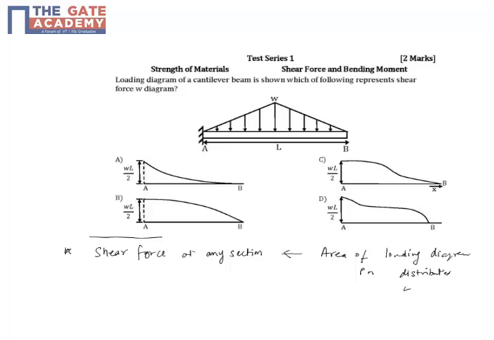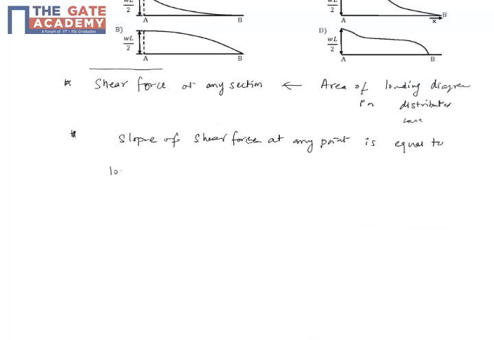And also the second fact, which will again be used here, is that the slope of the shear force diagram at any point is equal to the load intensity W. These are all small derivations.